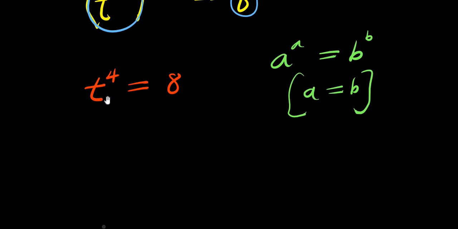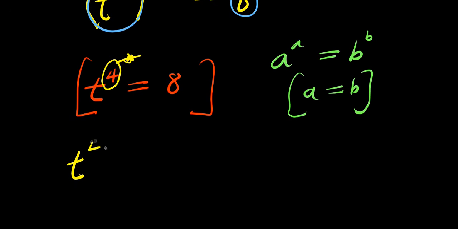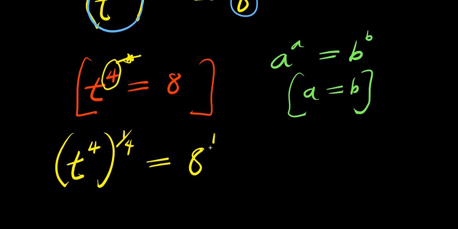So at this point, we can solve for t. And for us to solve for t, we need to eliminate this 4 here. And for us to achieve that, we can multiply this exponent by 1 over 4. So t power 4 raised to the power of 1 over 4 equals 8 power 1 over 4.